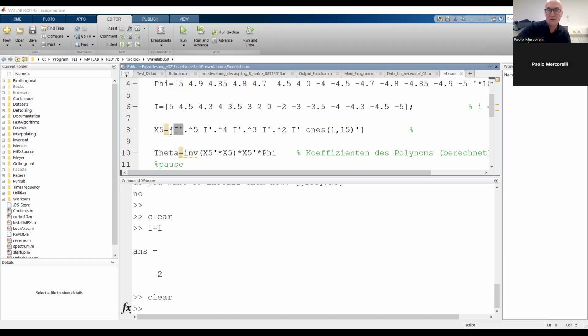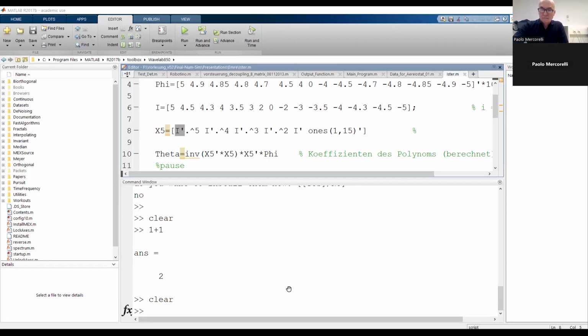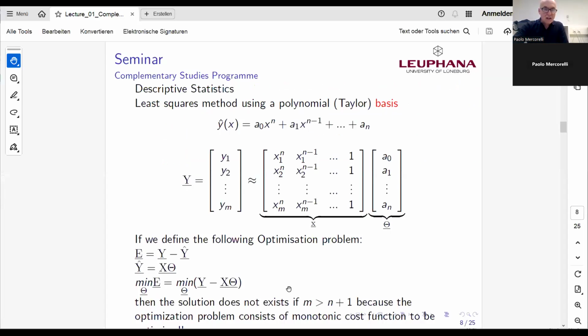Again, to your question. Let me share. Look here. I don't know if I share, no? X1, X2, Xm colon is our I1, I2, Im, the vector I, each element dot in MATLAB up to 5.